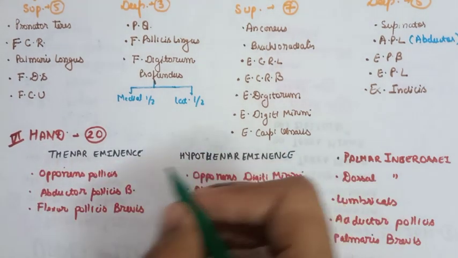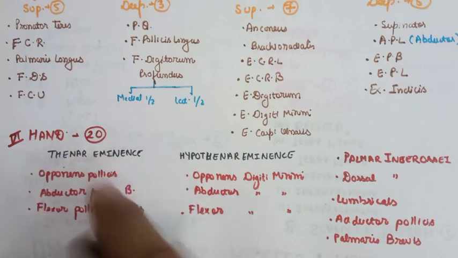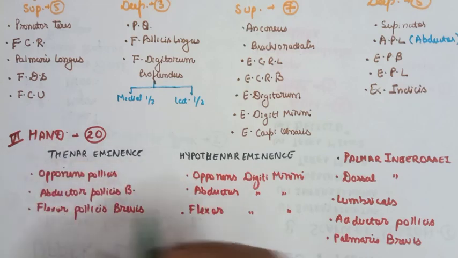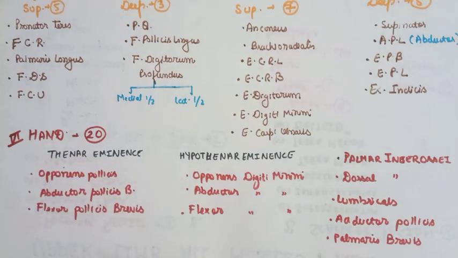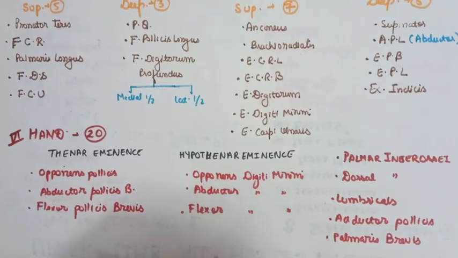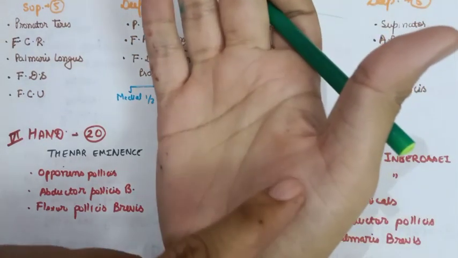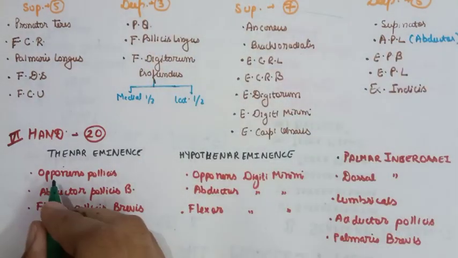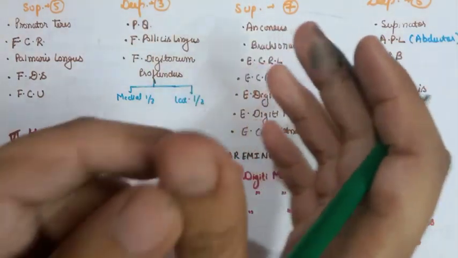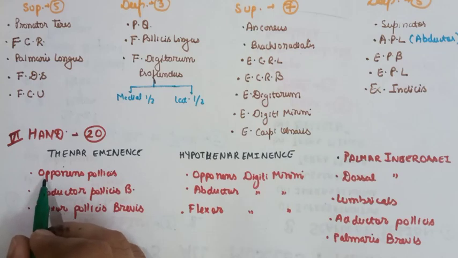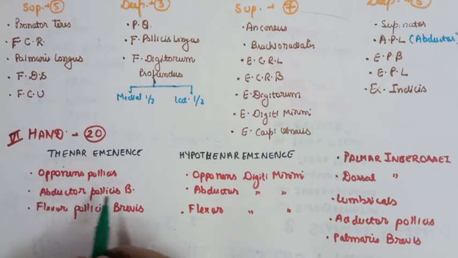We have an opponens in each case, that's in the thenar and hypothenar. We have one abductor and one flexor. Note it is AB, abductor, okay, and then we have the flexor. So in the thenar eminence we have opponens pollicis, abductor pollicis brevis, and flexor pollicis brevis.